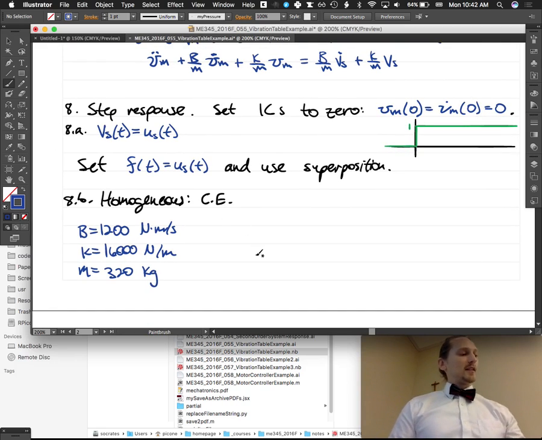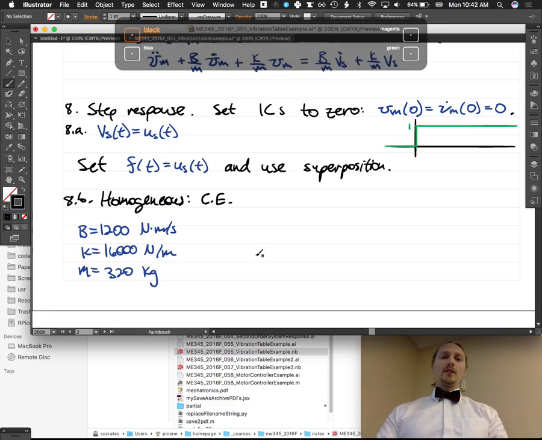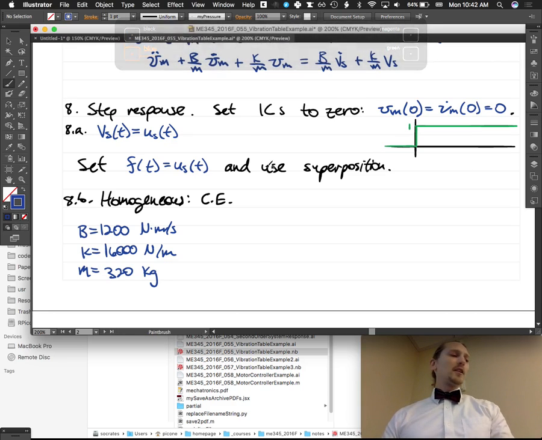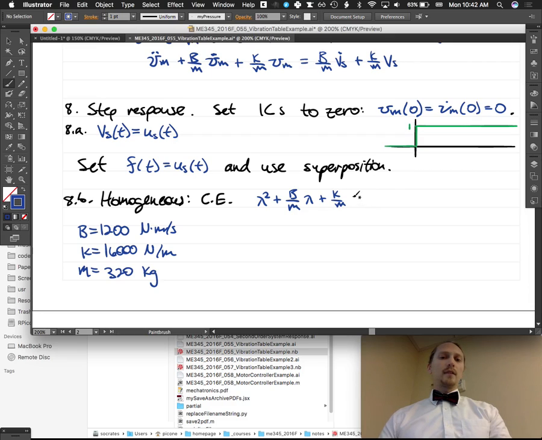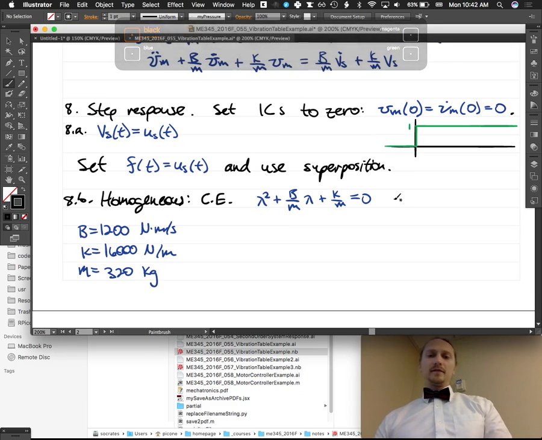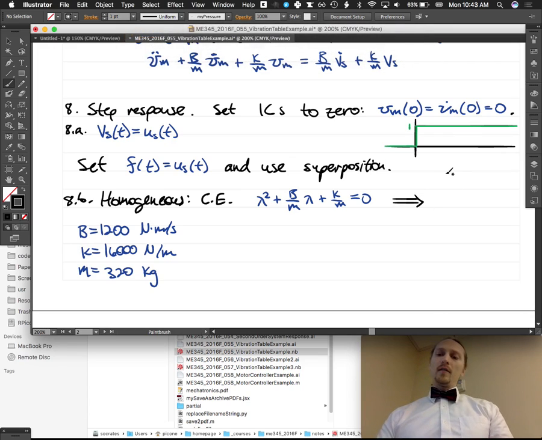So the homogeneous solution, this is just good old-fashioned differential equations, right? Characteristic equation: lambda squared plus b over m lambda plus k over m equals 0. Solve this for lambda.